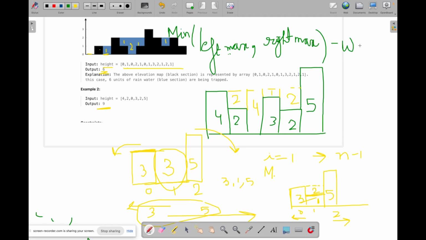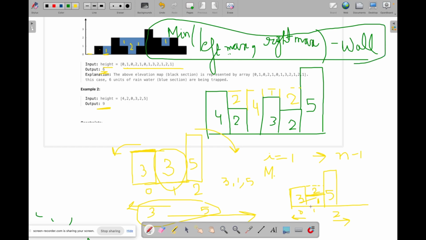If you see this example, the height of the wall is 1 unit, and the minimum of 3, 5 is 3, minus the height of the wall, 1, because you have to subtract the height of the wall, since at that place you cannot store water. So 3 minus 1 is 2, so you can store 2 units of water here.